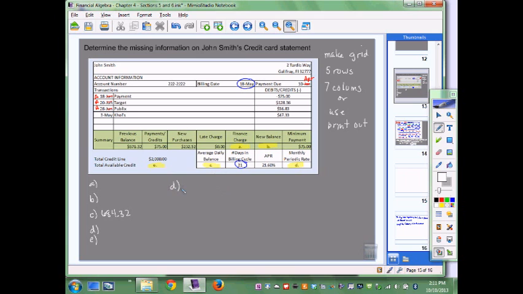So to find D, it's going to be our annual percentage rate divided by 12. So I get 1.6%. So that's 1.6%. That's APR divided by 12.